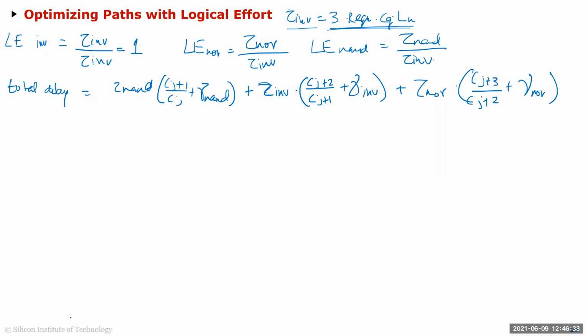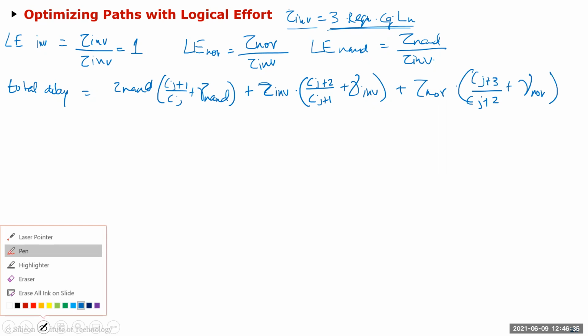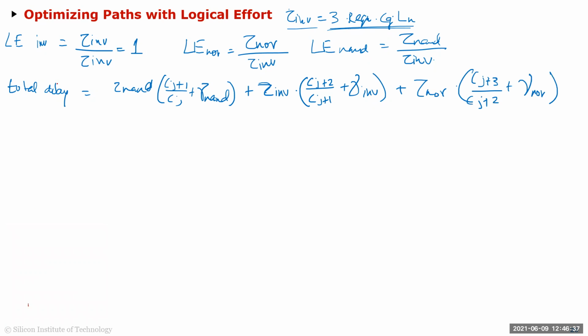So now what we're going to do is write it in terms of logical effort. We're going to divide the total delay by the tau of the inverter. Now we'll call this the total logical effort, or the logical effort of the entire path, or the delay of the entire path normalized to the inverter.